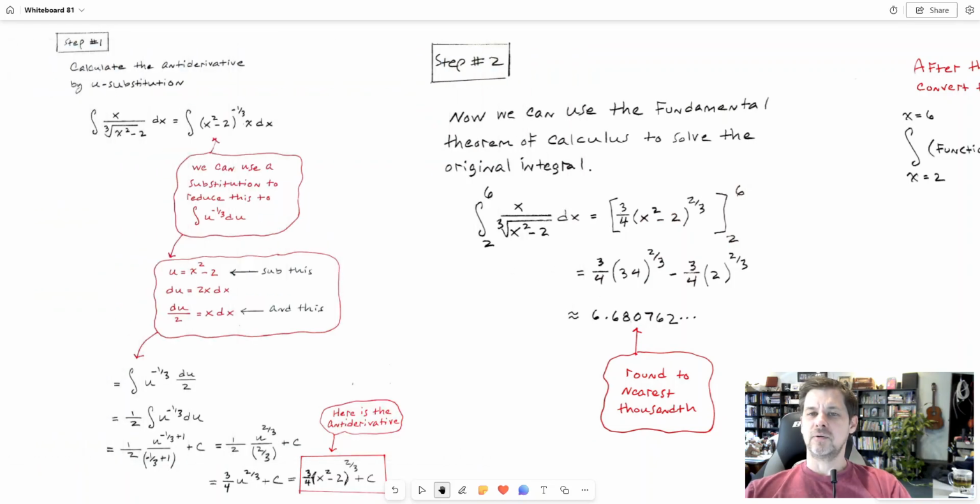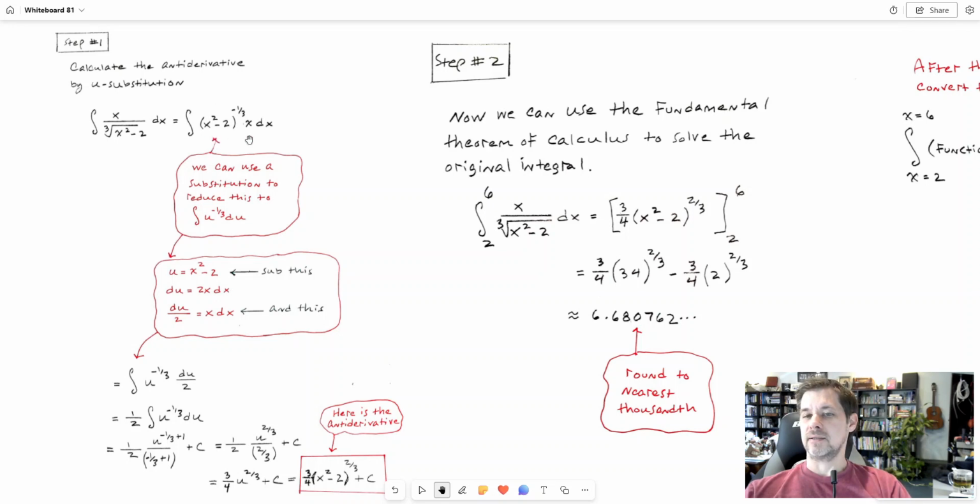With a little rewriting, it becomes pretty obvious that a u substitution would work. The rewriting is that I see this in the denominator as x squared minus 2 to the 1/3 power, and I can write it in the numerator as x squared minus 2 to the negative 1/3 power.